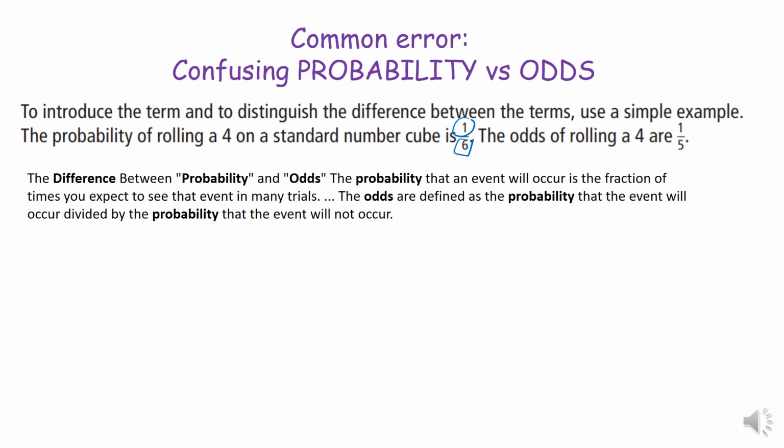The odds of rolling a 4 are 1 out of 5. Odds are defined as the probability the event will occur divided by the probability it won't. So there are 5 possible non-4 answers, and there's 1 possible 4 answer. So that's how they are different. Okay? So make sure you understand the difference.